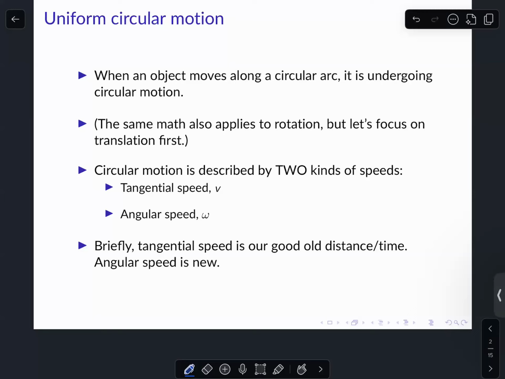Angular speed is the Greek letter omega. This is lowercase omega. Capital omega is the horseshoe, lowercase omega is a curly W on the bottom. Angular speed, or the vector quantity angular velocity, which is positive and negative, describes how fast an angle changes, as we see momentarily.